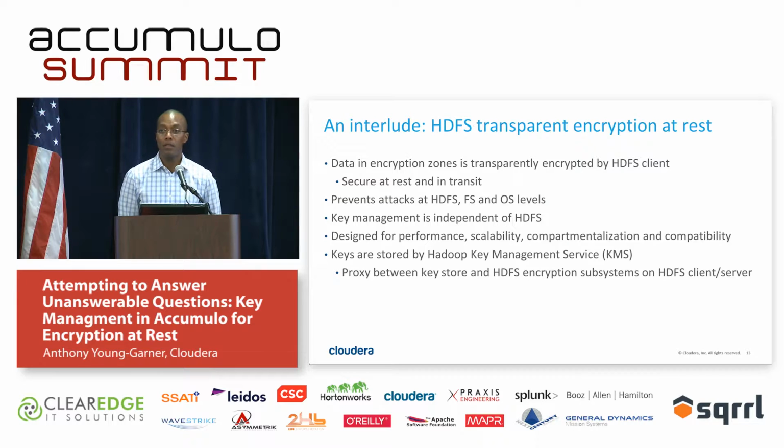This is a little bit lower level than the Accumulo level, but it's conceptually the same idea. The client is encrypting data before storing it in HDFS. This provides security over the wire between the client and the HDFS data node. This also provides privacy of the data on the disk or on the data node. This prevents attacks at the HDFS level, at the local file system level, and at the OS level.